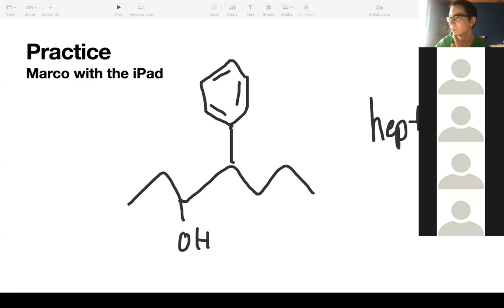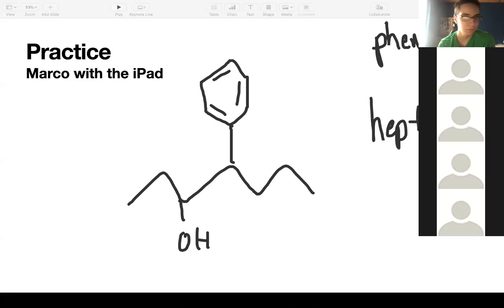Phenyl. Okay, so we got a phenyl group. But this is the part that gets confusing to me. Is it also methyl or is it just phenyl? This one would just be a phenyl group. Okay, thank you. That was the problem I was having.